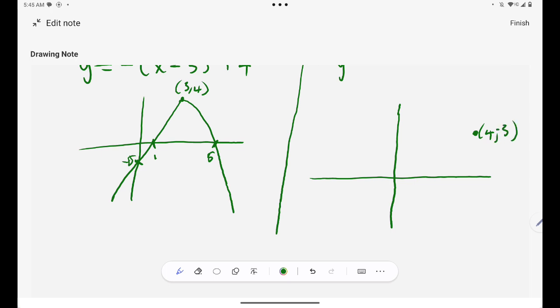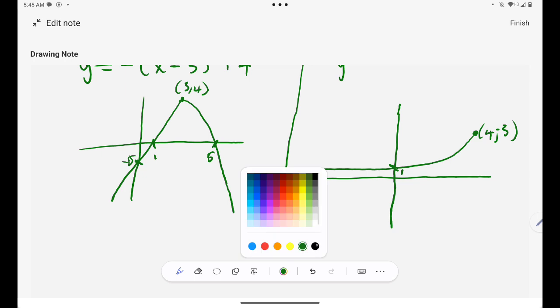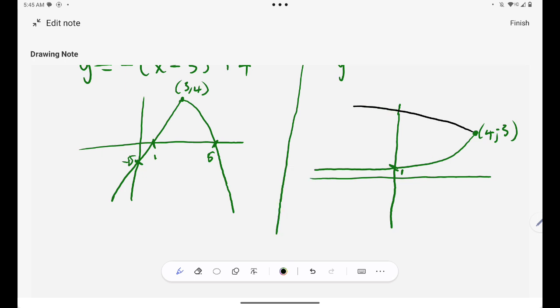And then I will have my graph move like this. Here is 1, and then another part will be like this. We'll have 5 there, on the x-axis.